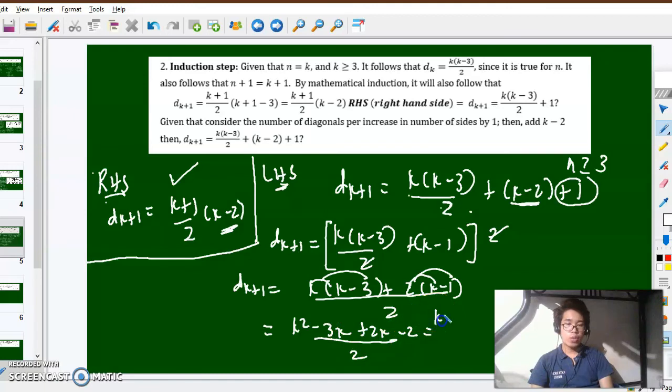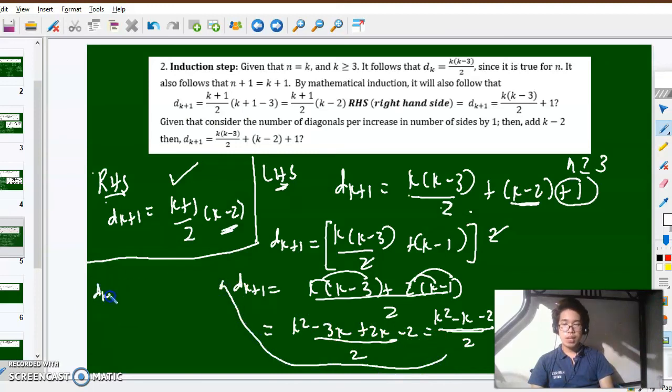We have k squared and negative 3k plus 2k, so that's simply negative k, and then minus 2 all over 2. And then this is a trinomial, k squared minus k minus 2. We can try to factor this trinomial.